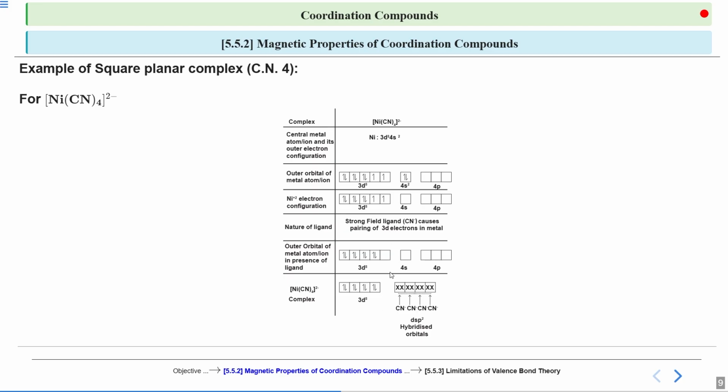So one 3d orbital, one 4s, and two 4p orbitals undergo hybridization, and we get dsp2 hybridized orbitals, where the cyanide ligand donates its electrons and forms a coordinate covalent bond with the nickel metal. You can see that no unpaired electron is present due to the strong field cyanide ligand, and 4 cyanide ligands approach the nickel and donate their electrons into the 1d, 1s and 2p orbitals, which are the dsp2 hybridized orbitals.